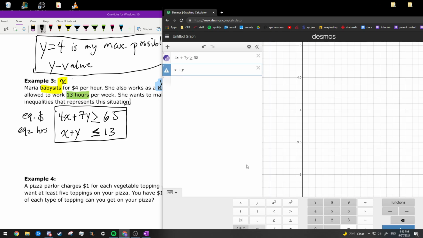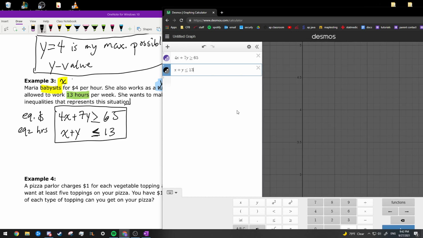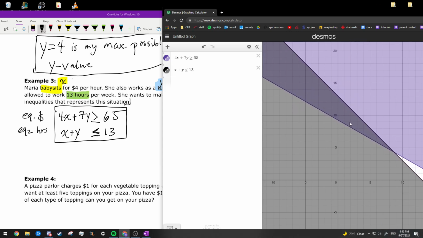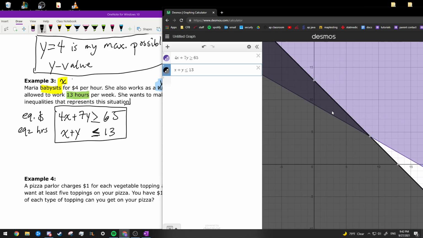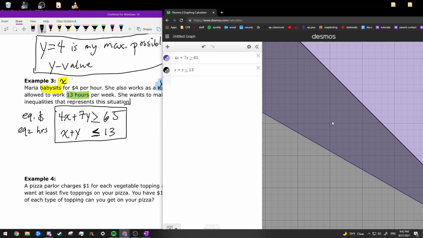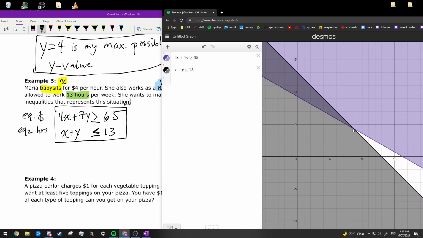X plus y is less than or equal to 13. Here we go. So this triangle is what she is gonna do. This is where our solution lies, this dark triangle. And let's see.